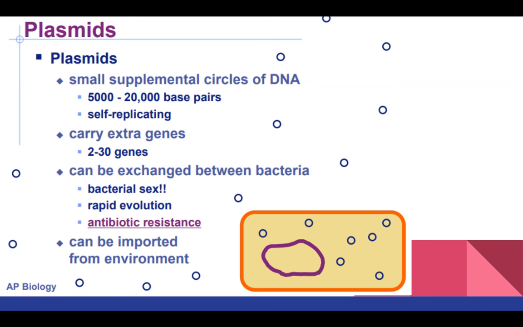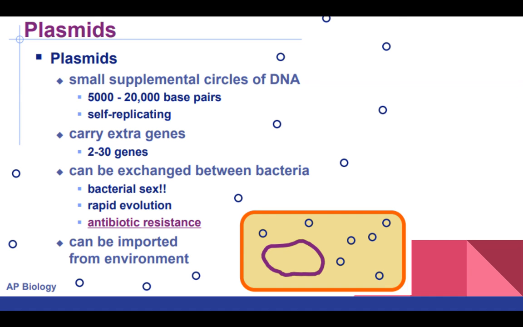That process of conjugation, that's the F factor that you might have just been looking at in your notes. The conjugation process is when that cytoplasmic bridge forms between 2 bacteria, and these little plasmids can actually just float from one bacteria into another and bring new genes into a bacteria that might not have had those genes before.